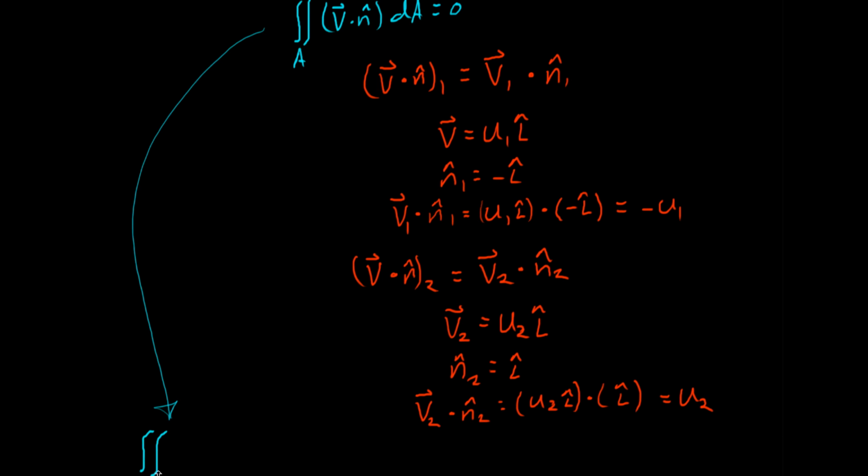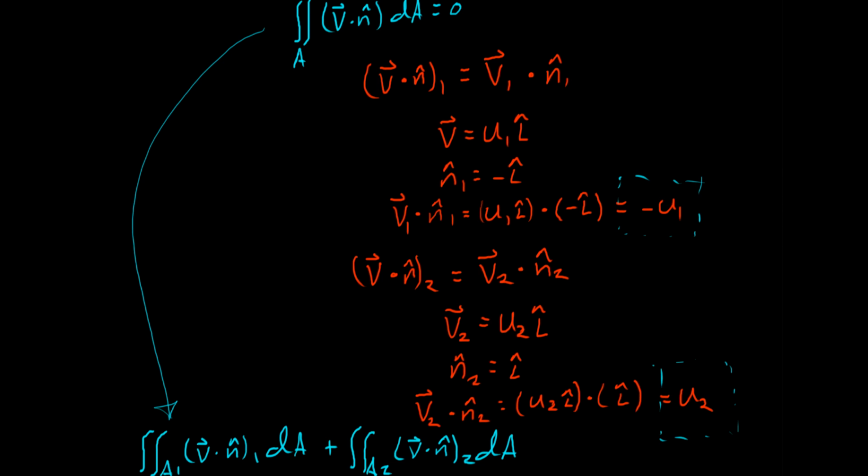We want to split this into the integral over A1 of V dot N1 dA plus the integral over A2 of V dot N2 dA. Now, this is V dot N1, this is V dot N2, and so we are just going to take them and sub them in.